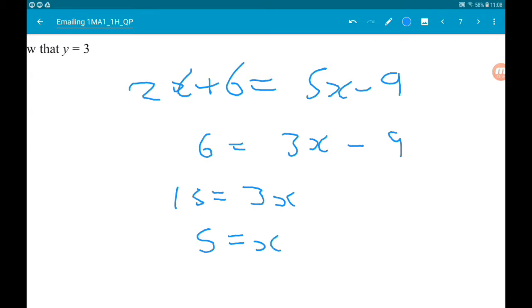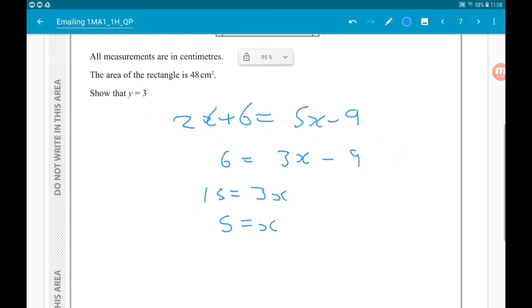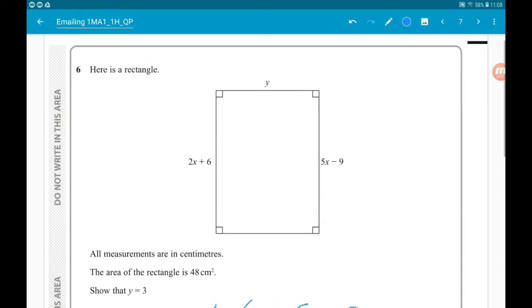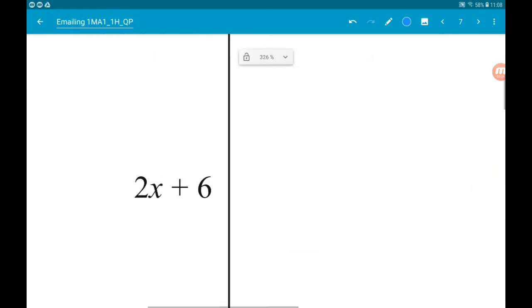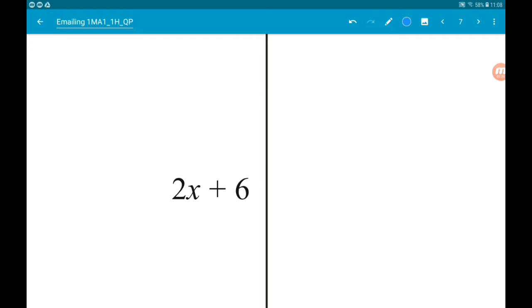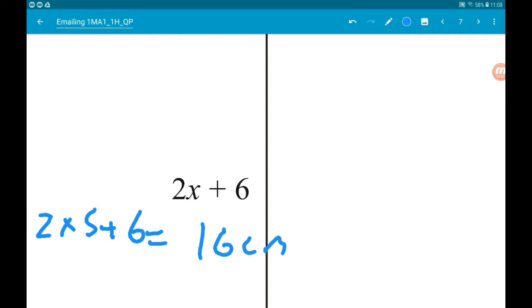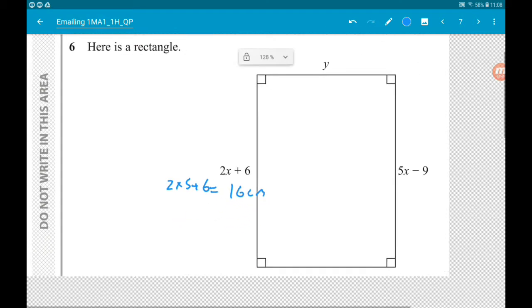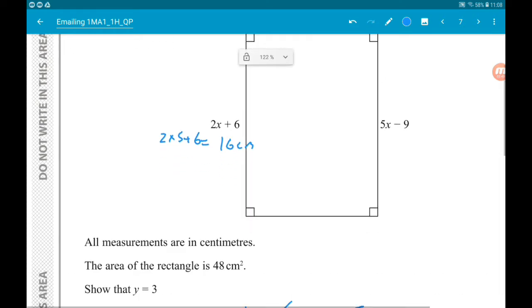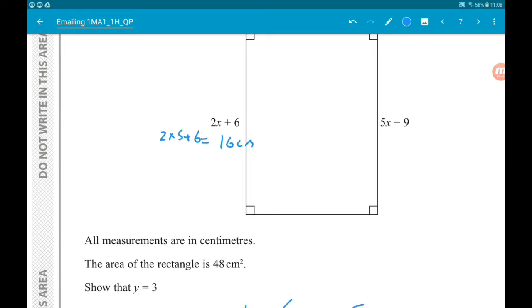Okay, so now that we know what x is, we can find what the height of the rectangle is. So 2 times 5 add 6 gives us 16 centimetres. Remember that we know the area of the rectangle is 48 centimetres squared.